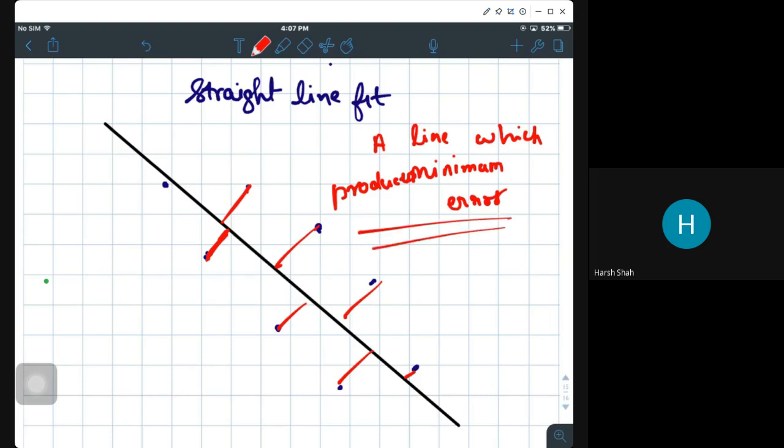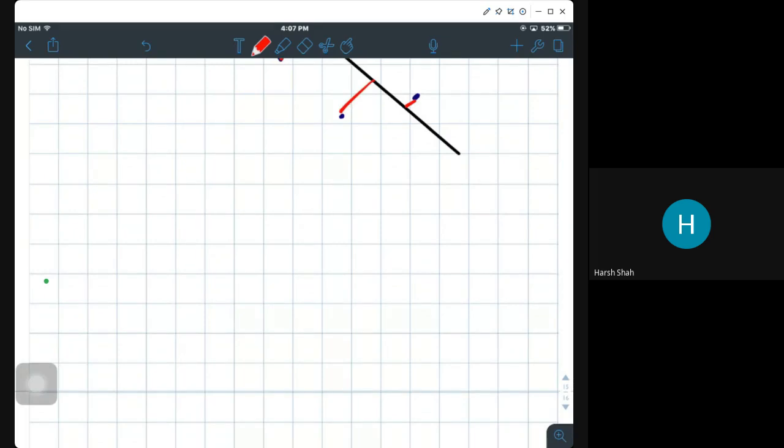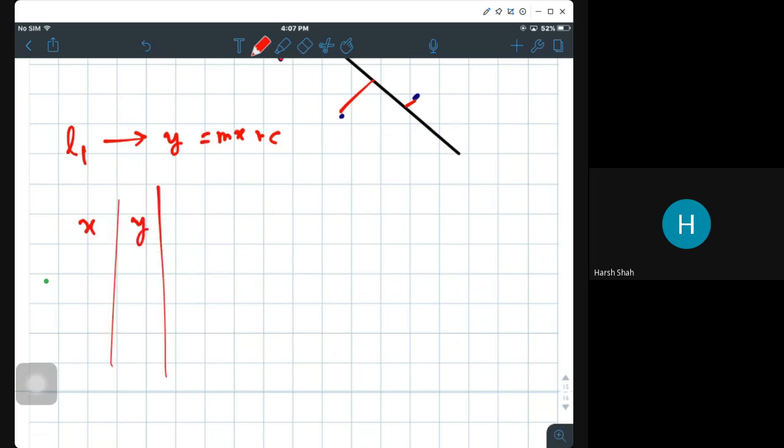Right? How do we find it? How do we know that this is an error? Let's say you have the equation of line as y1 equal to mx1 plus c1, or y equal to mx plus c. Let's say you have this equation and you have a set of points x, y, and you are predicting this value yi.